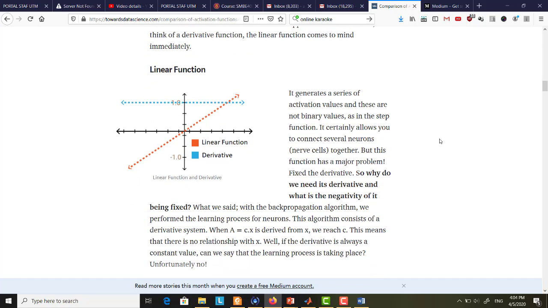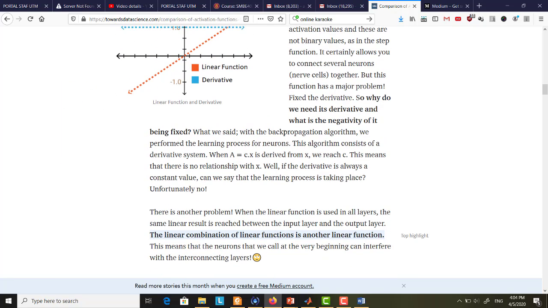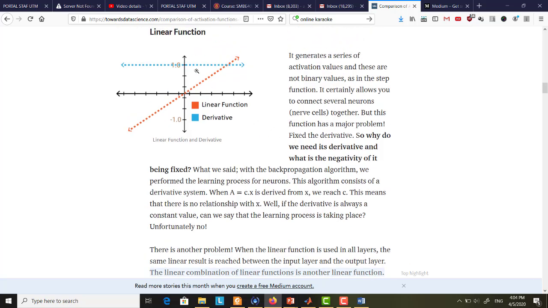And against the linear function, the advantage is that, as you can see here, you have a fixed derivative like this. So once you have a fixed derivative, you can see it explained over here.